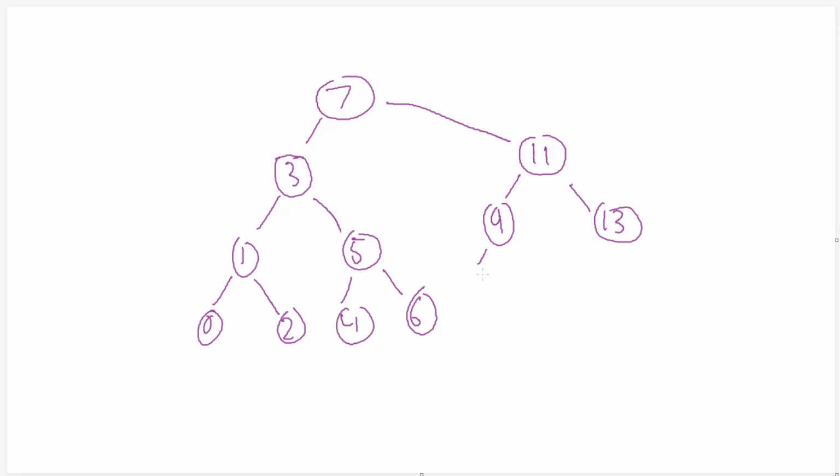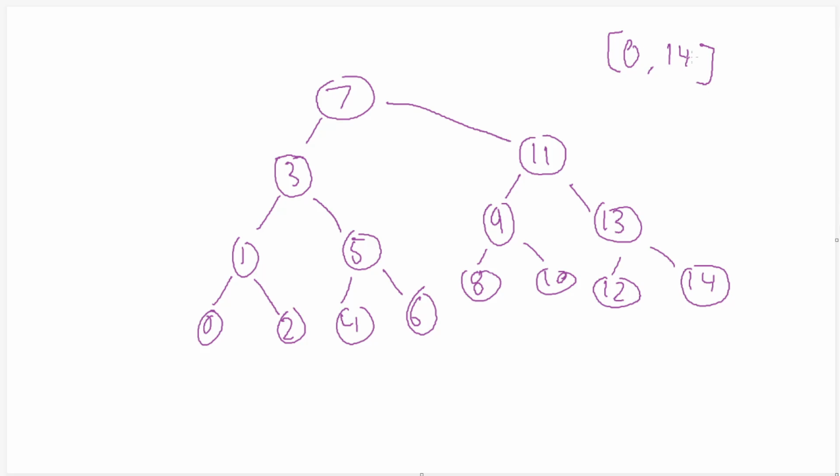This is going to go down by 1, so 8, 10, 12, and 14. So this is a list that's between 0 and 14. Came out a little oddly shaped, but we're just going to roll with it.